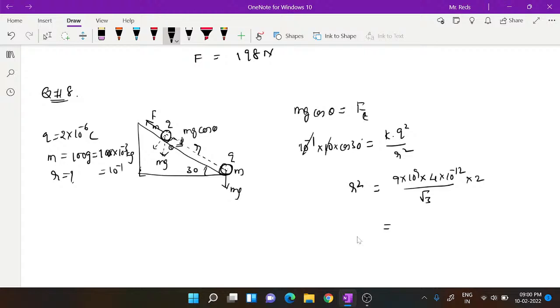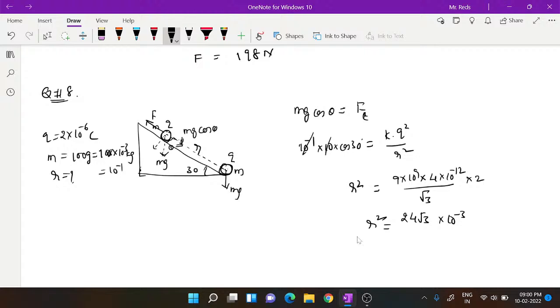So 3 root 3 into 8. 8 into 3 is 24. 24 root 3 into 10 to the power minus 3, minus 3. So is this r square only? Yes, q square is this.